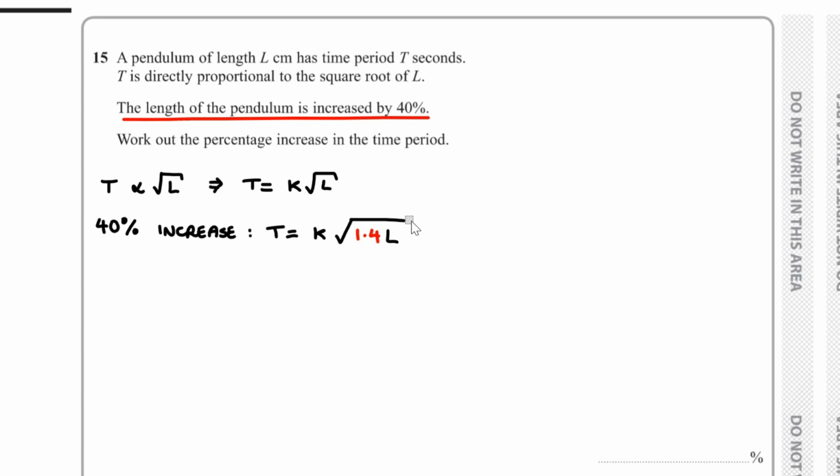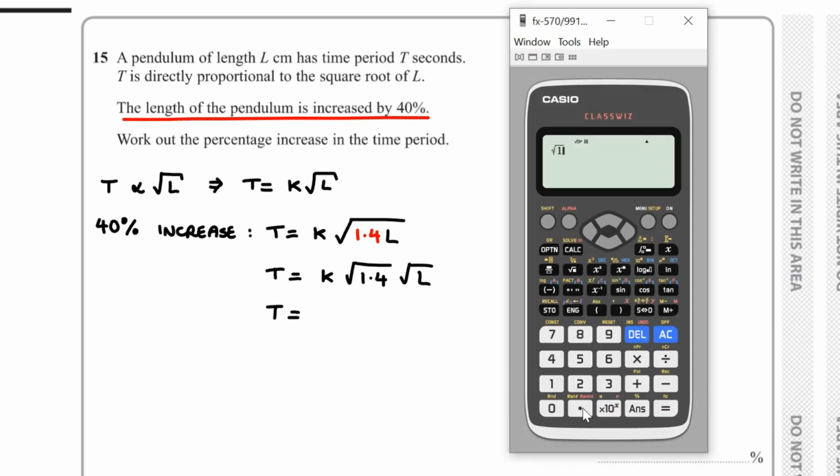Let's work this out. We can split this up as T equals K lots of the square root of 1.4 lots of the square root of L. If I work out the square root of 1.4, we get 1.18, etc. So T equals 1.18, etc. times the square root of L.